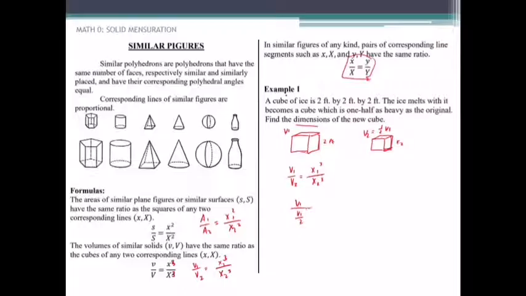That is our v2. Is equal to, our x1 is 2. Can you see? This is our x1. Cube over x2 cube. So 1 divided by 1/2. What is the answer?